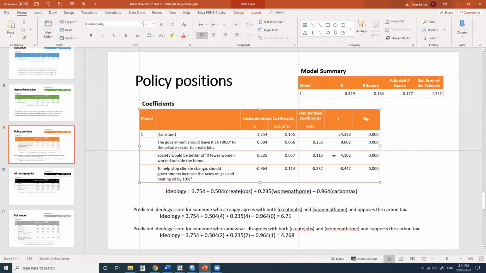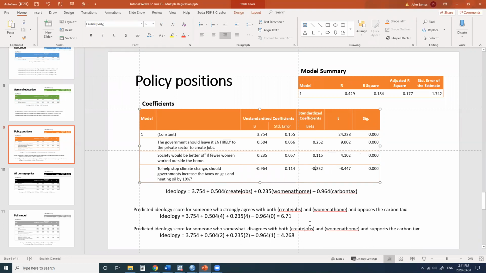And so, in terms of comparing the relative importance, we can standardize responses to them, and we see that the strongest predictor seems to be, out of these 3, economic conservatism. Opinions towards a carbon tax are slightly less strong and in the opposite direction, right?